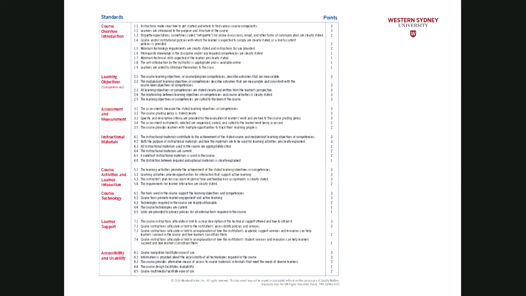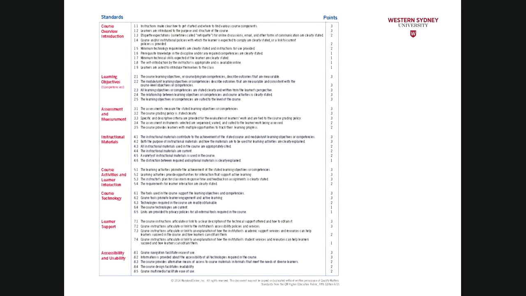Excellent question, and it's one we're thinking about at the moment. So we've just gone through some training in the QM rubric and the peer review certification process. So I've just been successfully through that, so I'm now a certified peer reviewer of the QM rubric. And the way in which the points are scored, if you see anything that has a 3, that's considered essential to a quality course or quality unit.